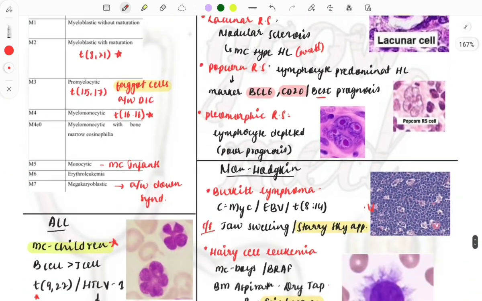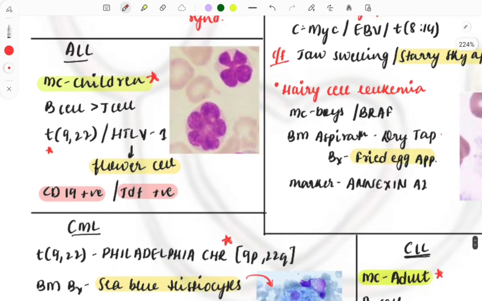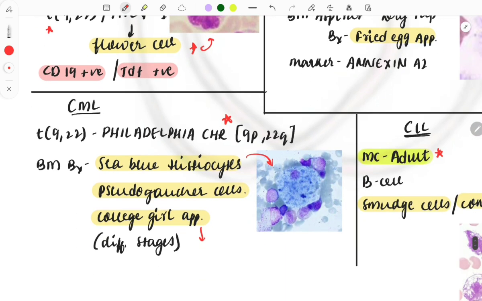Moving on. ALL is most commonly seen in children, and the appearance is flower cells. It is CD19 positive and TdT positive. Then CML: the Philadelphia chromosome is a very important and favorite question of the examiner, so you can expect a question on the Philadelphia chromosome in the upcoming exam.